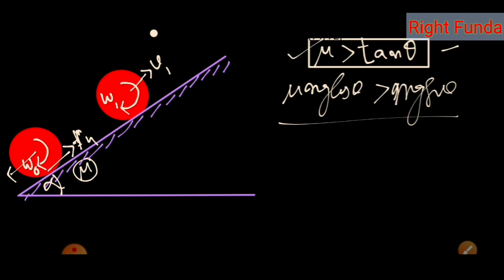So what will happen? As the body goes up, its linear speed develops. From 0 it will keep on increasing, and omega will keep decreasing from omega naught to some other value.